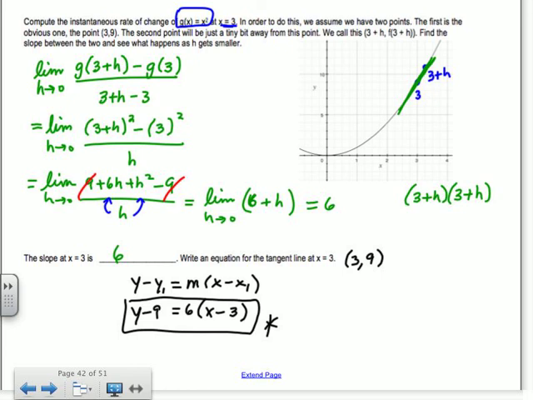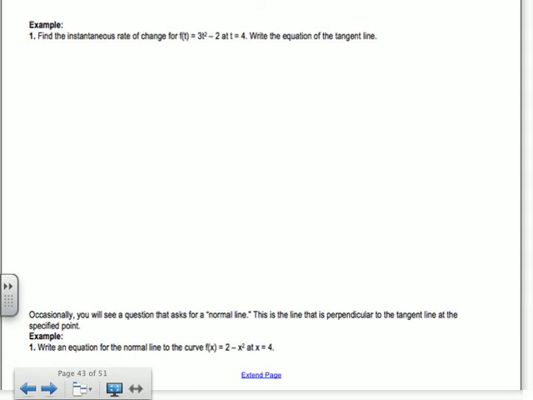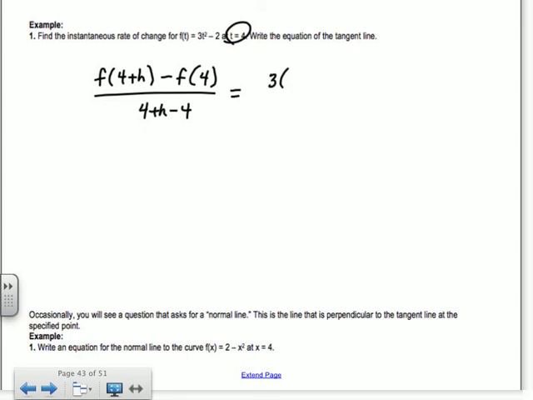Now these get a little bit harder, so like on your next example, I'm not going to do it, but on your next example, you're finding it at t equals 4. So you're plugging in, you're going to do f of 4 plus h, don't pack up yet guys, minus f of 4 all over 4 plus h minus 4. So what would 4 plus h be? You would plug in, I'm forgetting my limits.